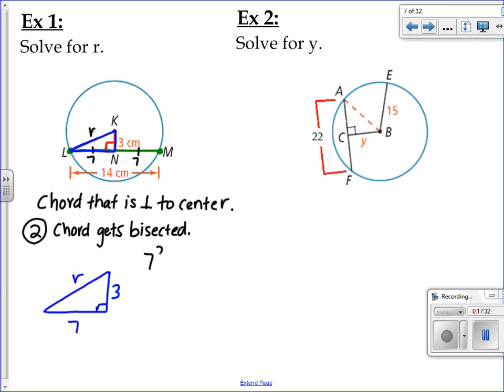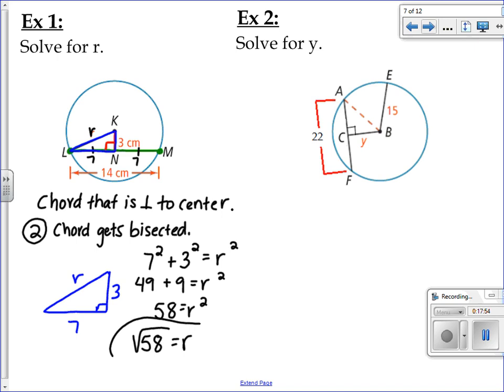So this would just be 7 squared plus 3 squared equals R squared. So let's go ahead and square everything. That's 49. This is 9. We're going to add them up to get 58. And then we're just going to take the square root. The instructions don't tell us to round. They don't tell us to put it in simplest form. I'm totally okay if you just leave it as the square root of 58.